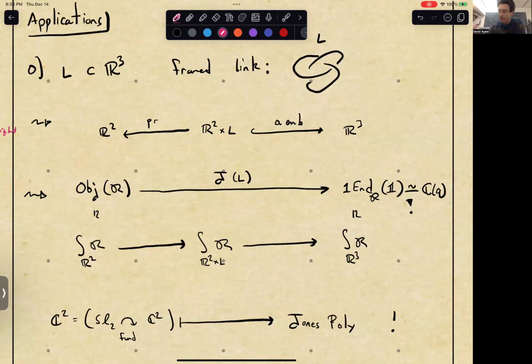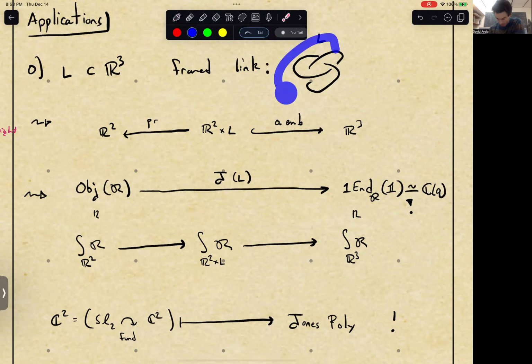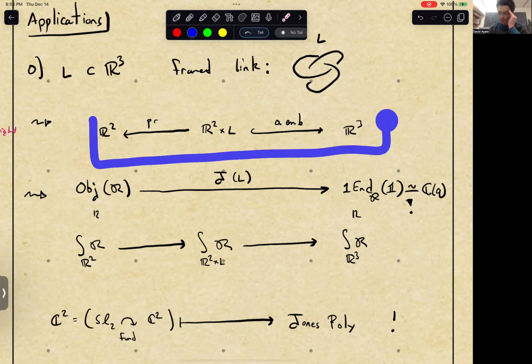Given a framed link in R3, by that I mean a compact one-dimensional submanifold equipped with a trivialization, a null homotopy of its Gauss map. Then, given a framed link, one can construct this span of manifolds.